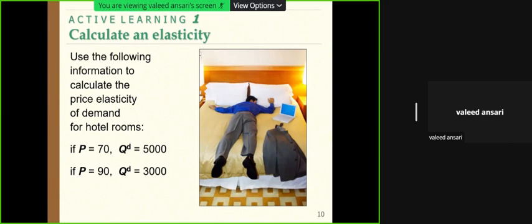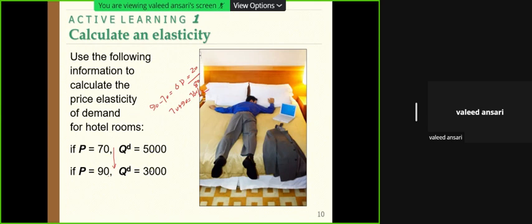So if you are asked to find out the calculated price elasticity of demand, either way we calculate it. If price has gone up from this to this, you will take 90 minus 70, the change in price, which is 20, divided by the average, 70 plus 90, which is 160, divided by 2, that will be 80.